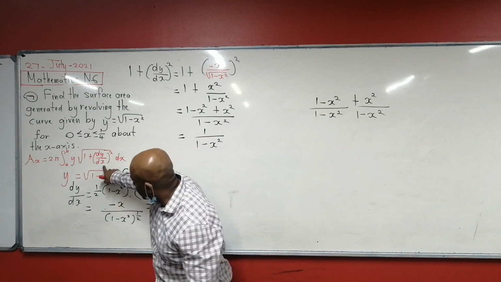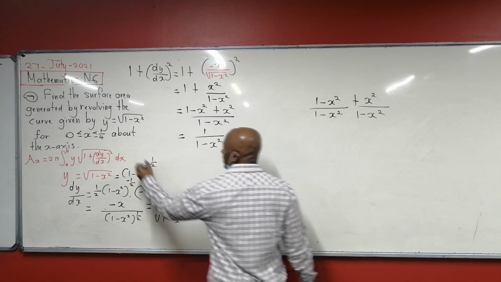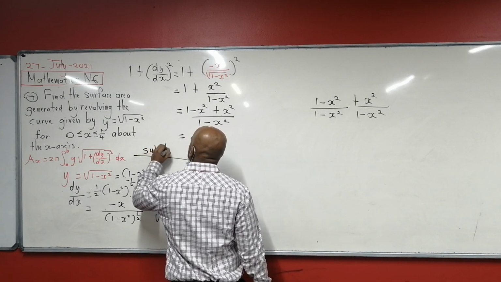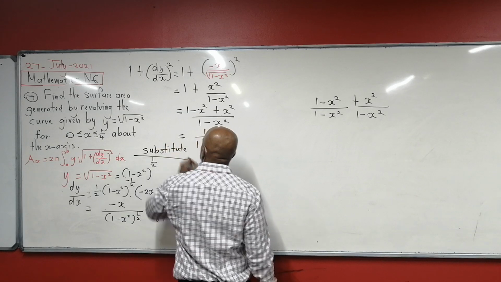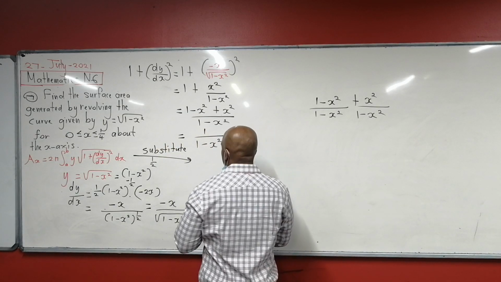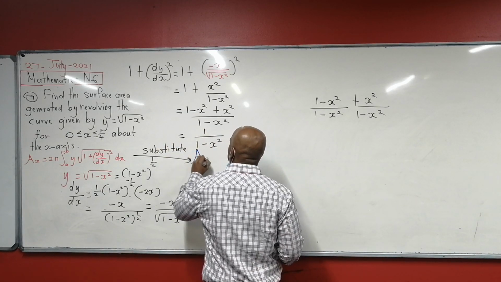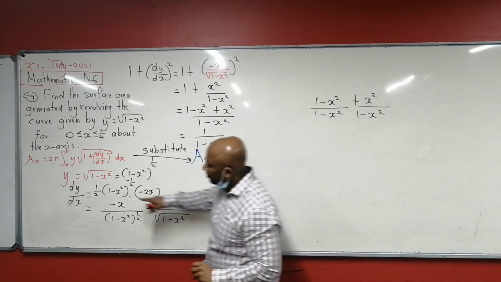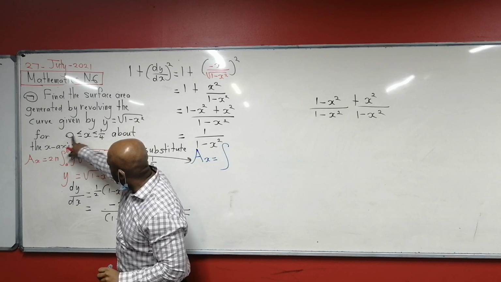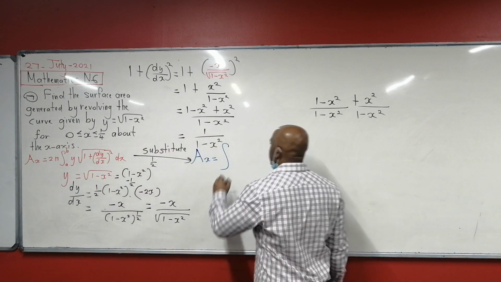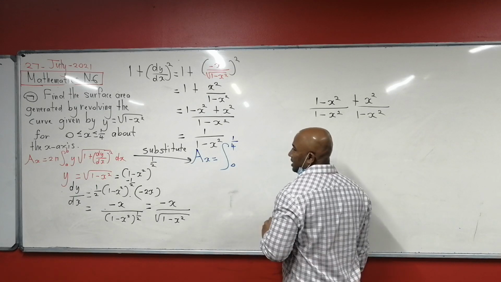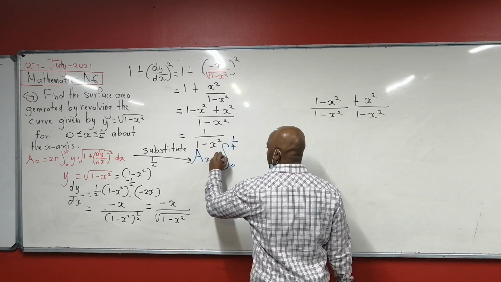Now, let's substitute into the formula. So now, we're going to substitute. I have B and A, 1 over 4 and 0. So your A and B, 0, 1 over 4. Okay. Times 2 pi.